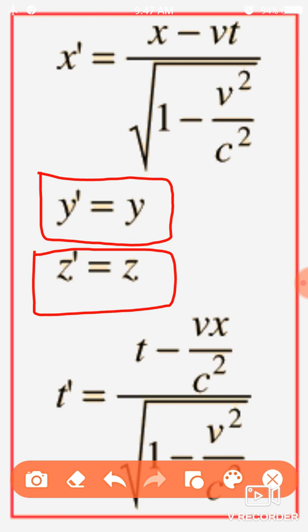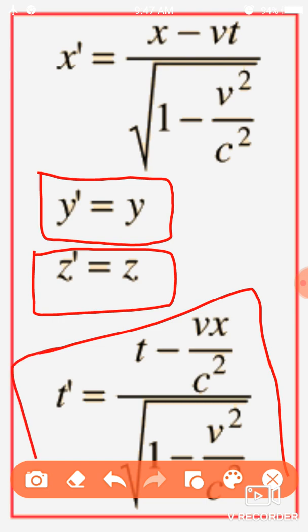Here the most important result that comes out is that according to Galilean transformations, time was simply taken as independent and never changes, but according to relativity theory, the time of the moving frame and lab frame are relative to each other and vary with coordinate and velocity.